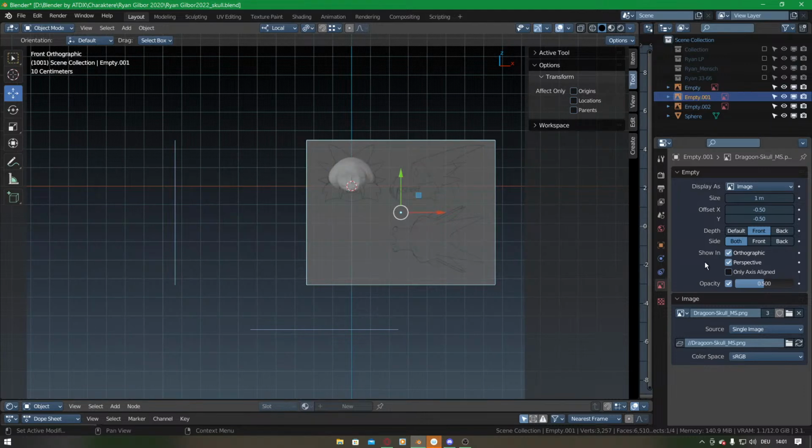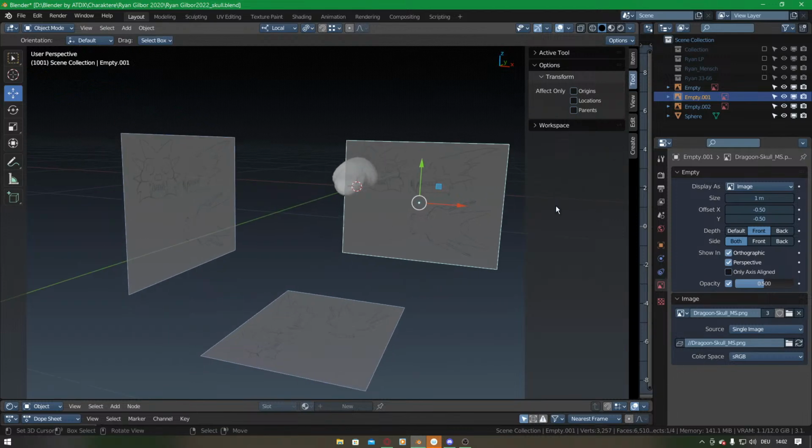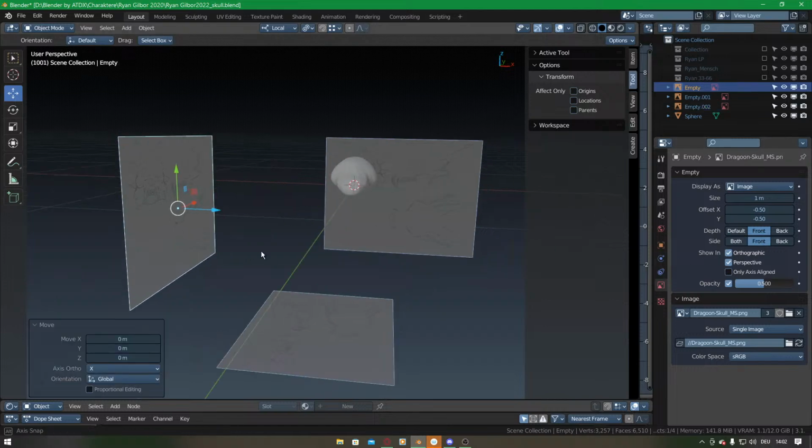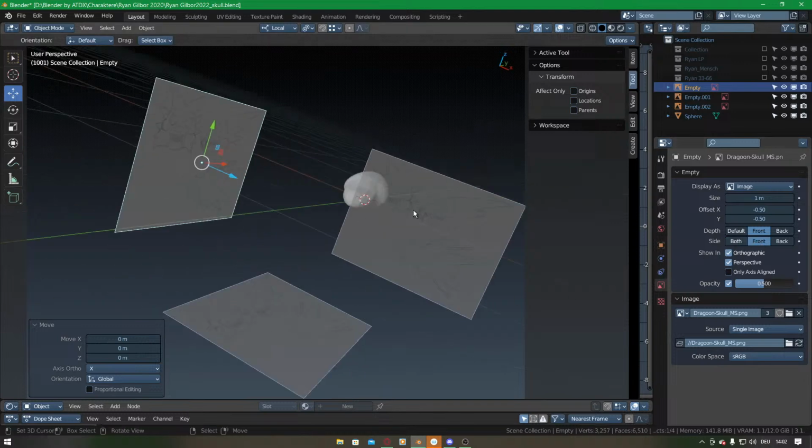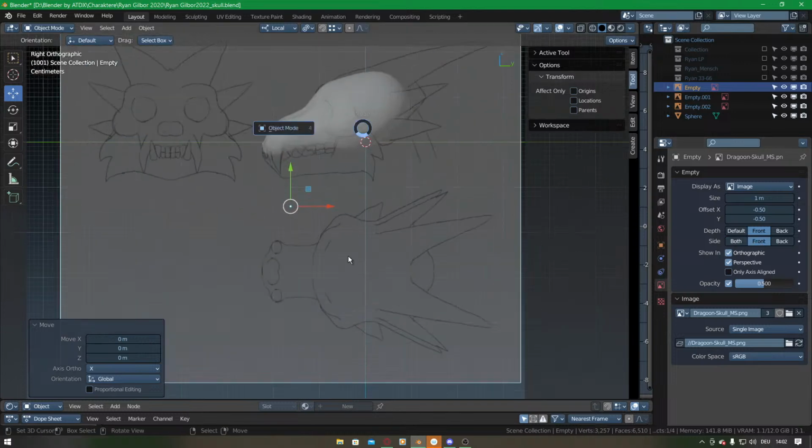So basically, front means it's not visible on the back side. All right.